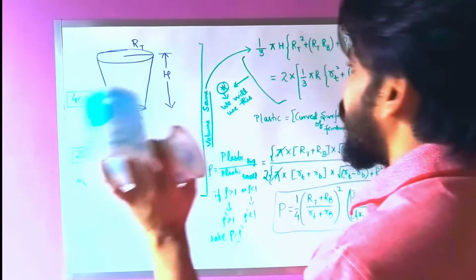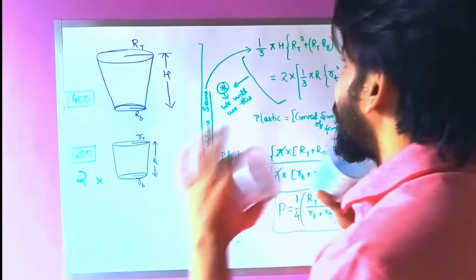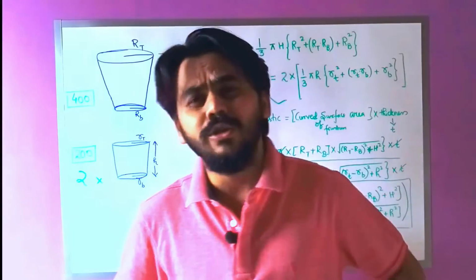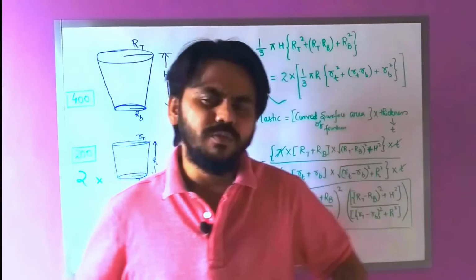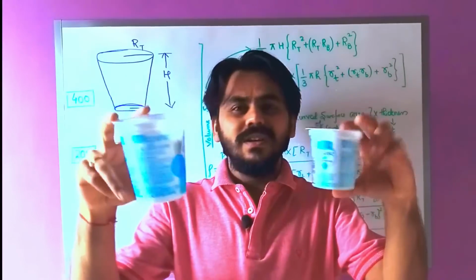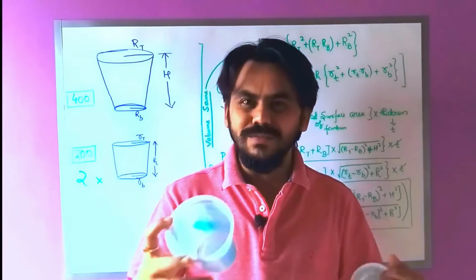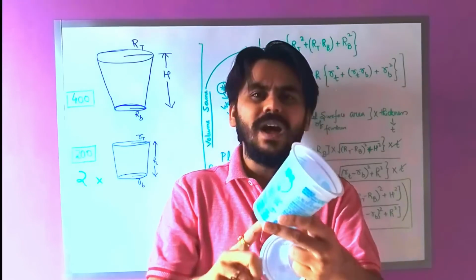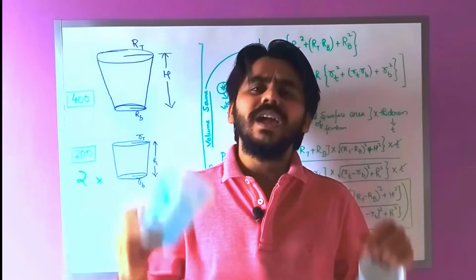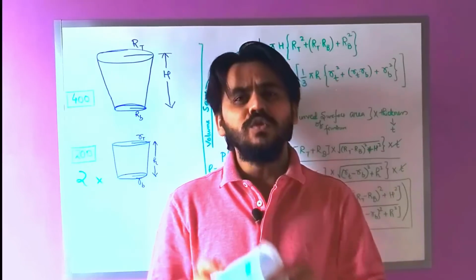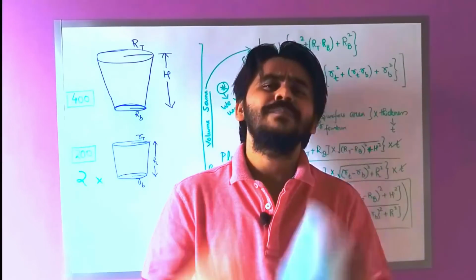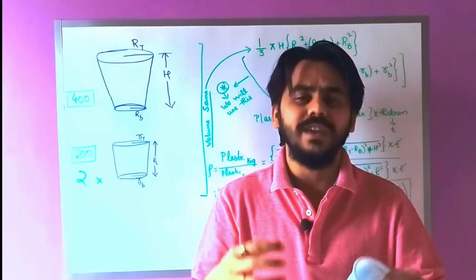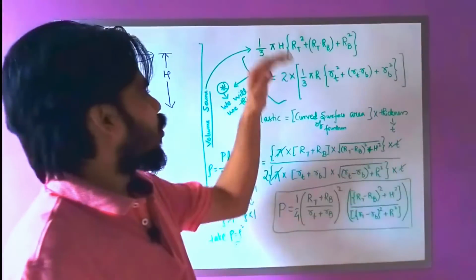Now you don't need to worry about the math over here. It's pretty basic mensuration. And just to give you a bit of introduction on this, what I have assumed over here is that these are frustums, which means that the upper one has a different radius than the lower one, and you can calculate its volume and curved surface area by the standard formulae of volume and curved surface area, and that is exactly what I have done over here.